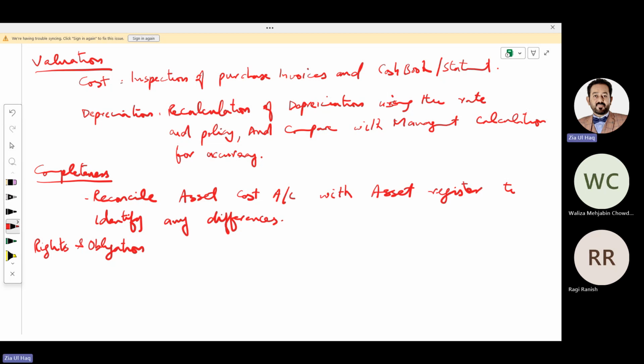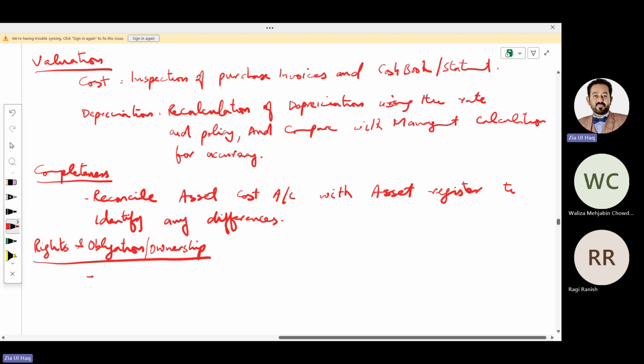Rights mean the company has a right on this asset, meaning possession and ownership of this asset, meaning the company has the complete right to use the asset for whatever they want. If it is not owned by the company, the company does not have the complete right to use the asset.